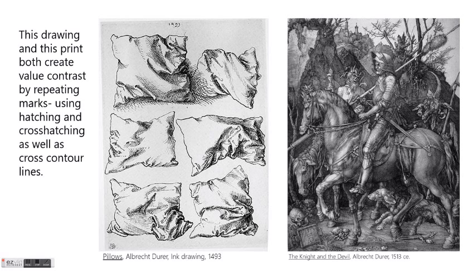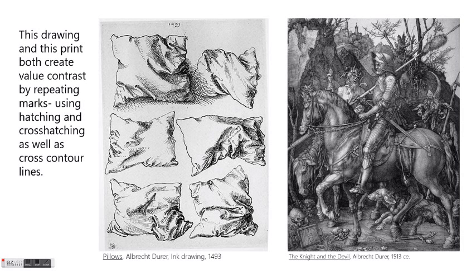Take that further in hatching and cross-hatching, like on the ink drawing by Durer on the left, you can see that it is both increasing how light one part of the page is versus how dark it is, but it's also even further increasing the illusion of light moving across a form.